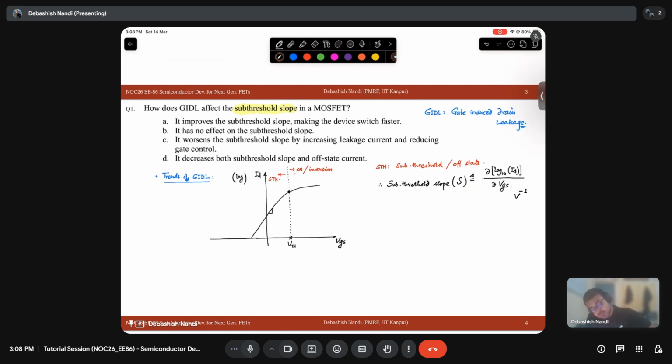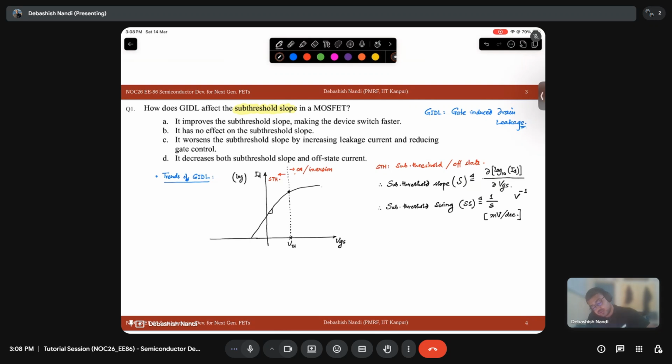Another quantity you must have heard about is subthreshold swing, that is SS. It is defined as 1 over S, and the unit is millivolt per decade. Decade is nothing but a unitless quantity denoting a change of the argument of the log base 10 by one order.